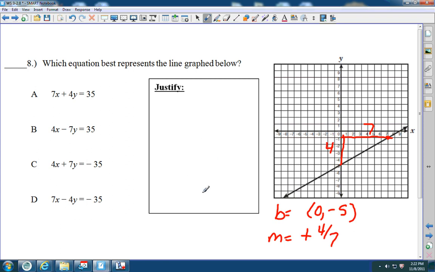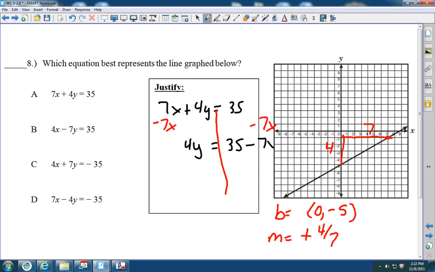So now I'm trying to find the equation that has that. First I'm going to take the first one, 7x plus 4y equals 35. Let's solve for y. I'm going to subtract 7x from each side. I get 4y equals 35 minus 7x.